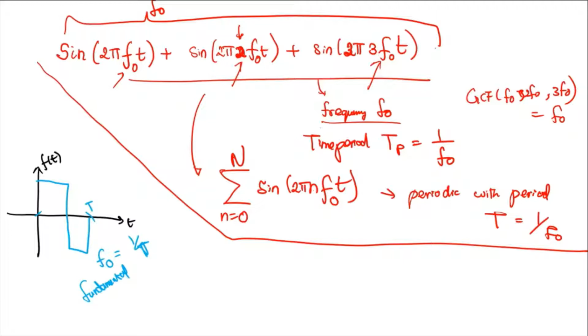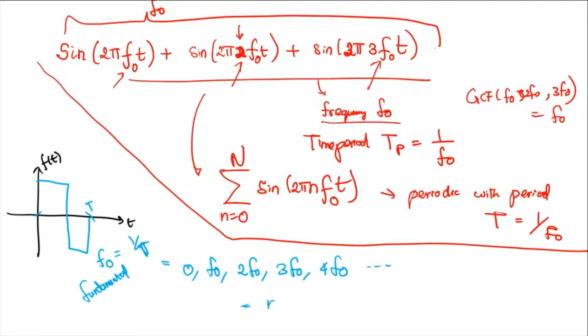And so for a function which is periodic with this fundamental frequency, if I'm expressing this function as a sum of sine waves, the sine waves should have frequency f naught, 2 times f naught, 3 times f naught, 4 times f naught, and so on, or 0 times f naught.